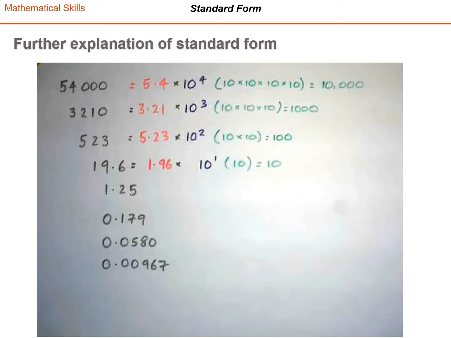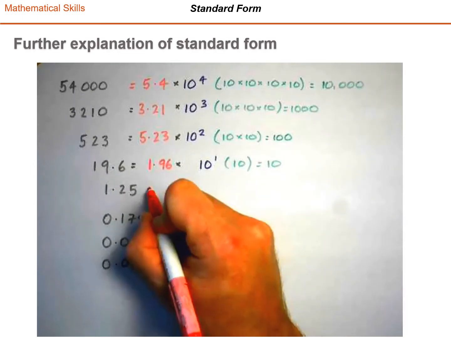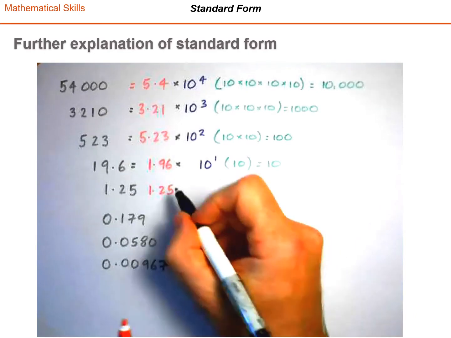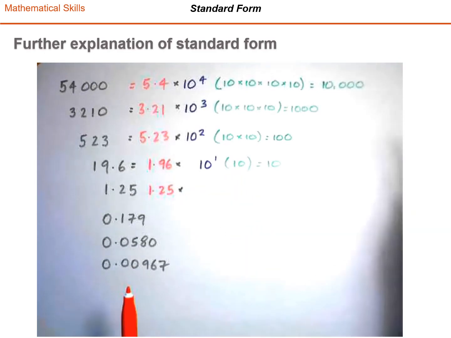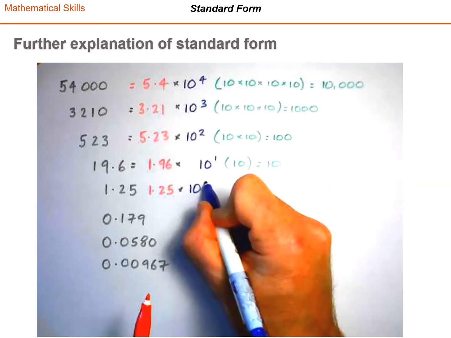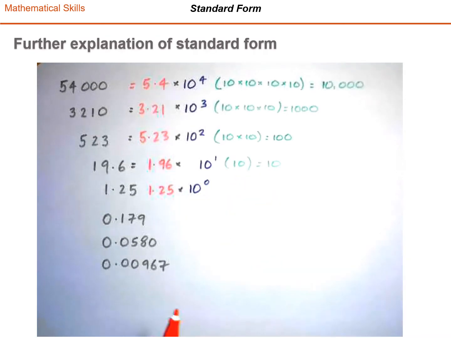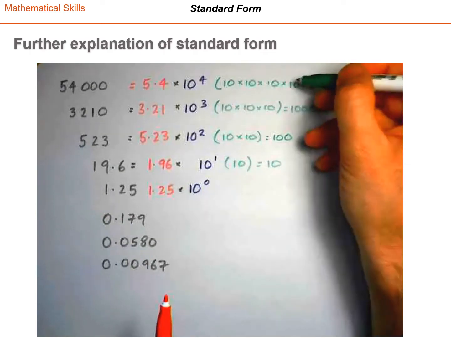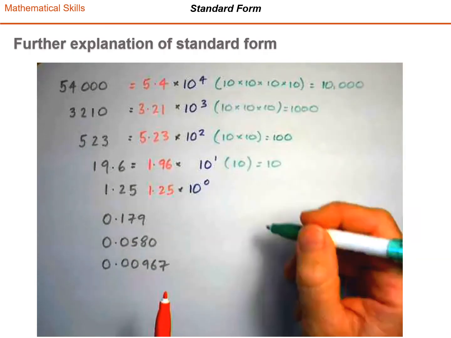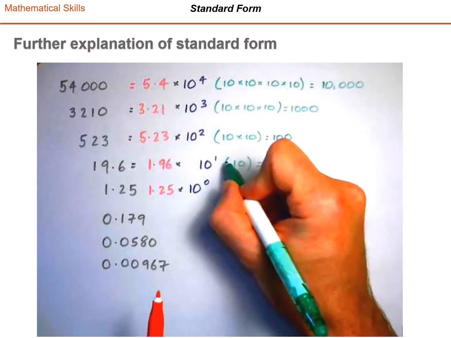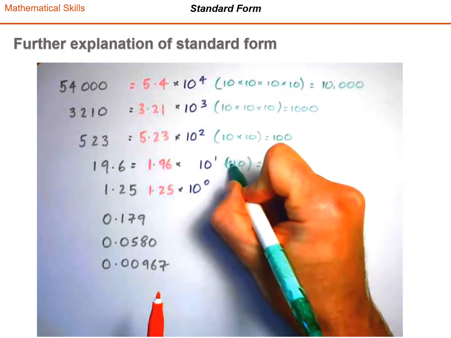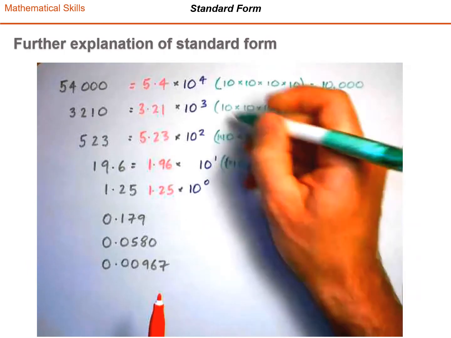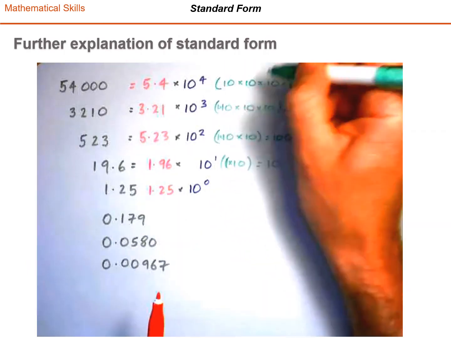The next one down, we've got here 1.25, and what this is, we're multiplying here by 10 to the power of 0. And what is 10 to the power of 0? Well, all of these, I've really missed something out, and what I should be writing here is 1 times 10. This should be 1 times 10 times 10, and here 1 times 10 times 10 times 10.